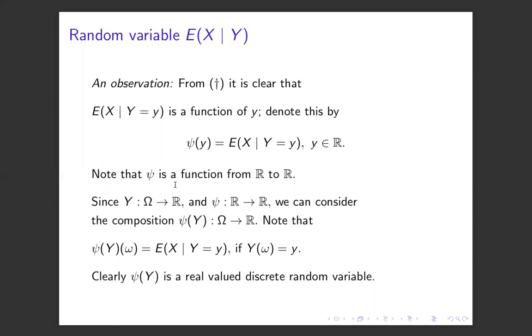So one can consider the composition, psi composed with capital Y. That composition, which we denote by psi of Y, is a function from omega to R. Since it is a function from omega, at a little omega we should specify: psi of Y at little omega is the expectation of x given Y equal to little y, if Y of omega is equal to y.